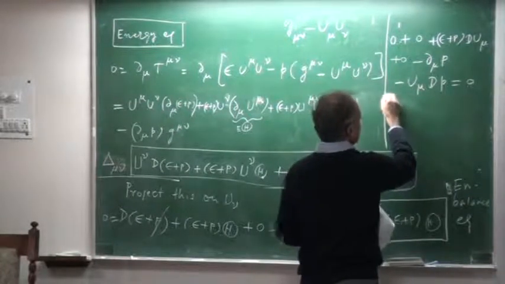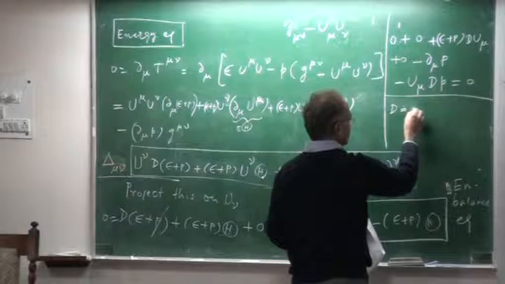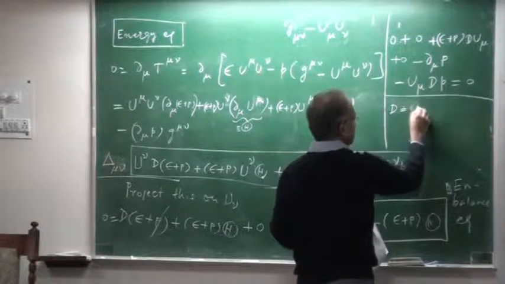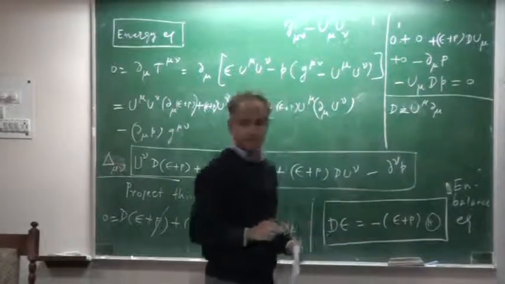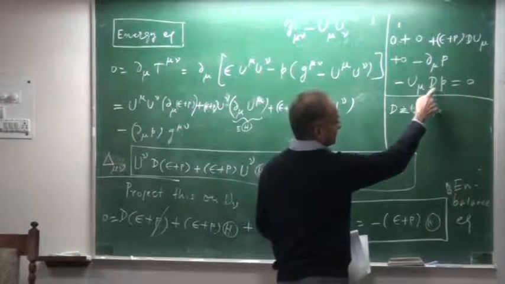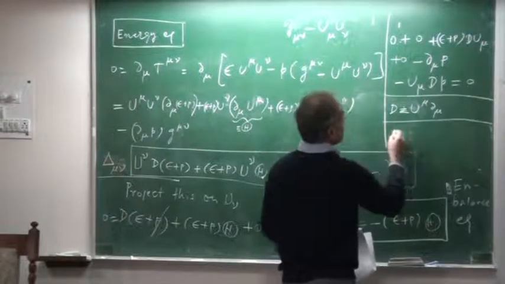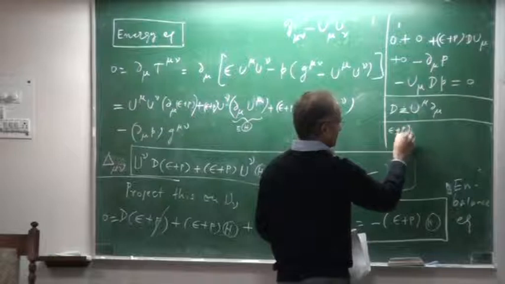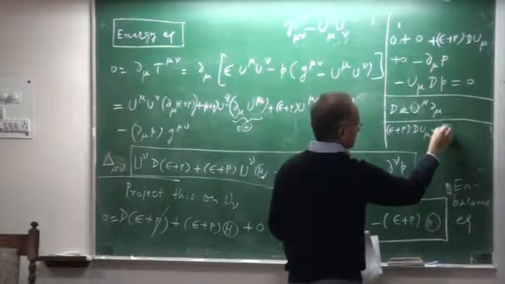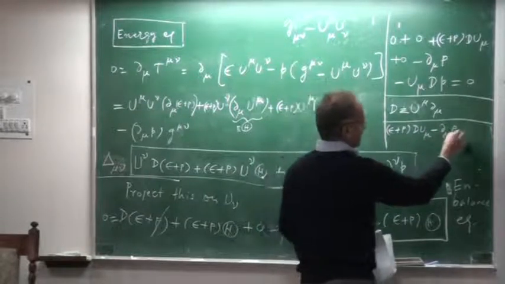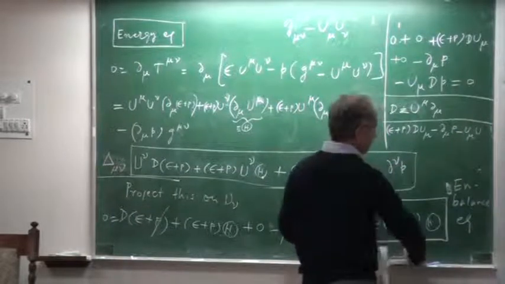Yeah, so this is what we get, but now let's go back to this D, which was defined as this. Using this definition I get epsilon plus E mu minus u mu T minus u mu, another u mu which will be just 1.